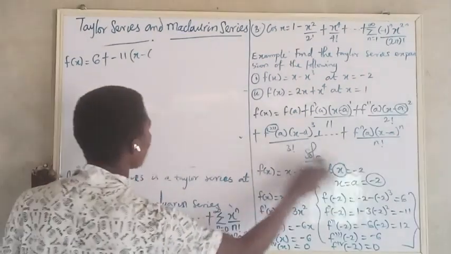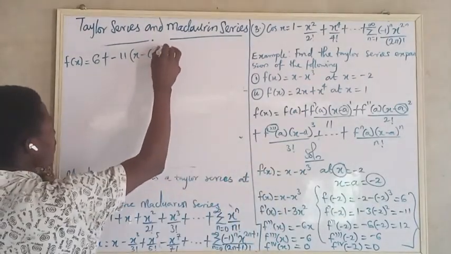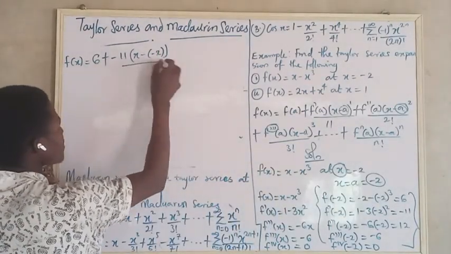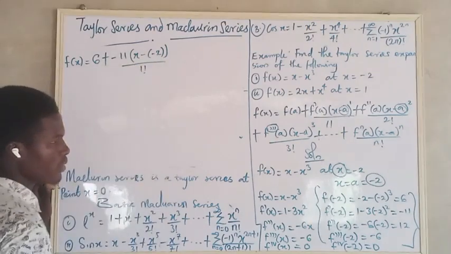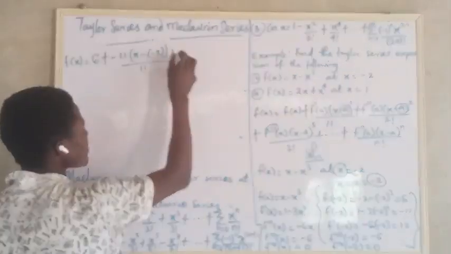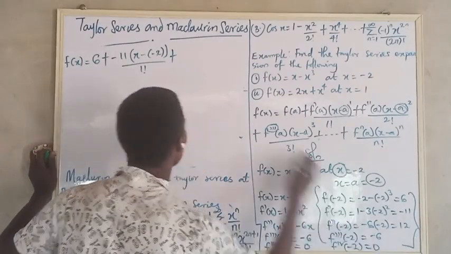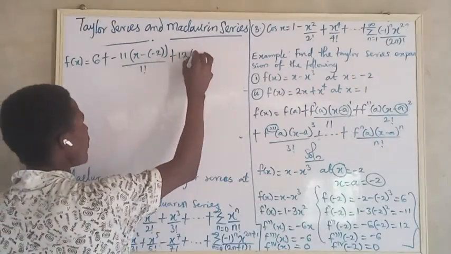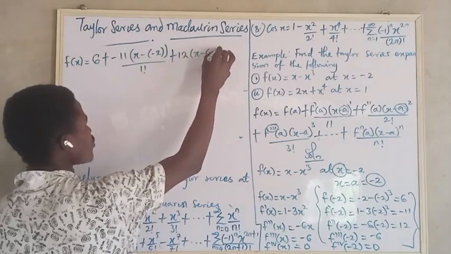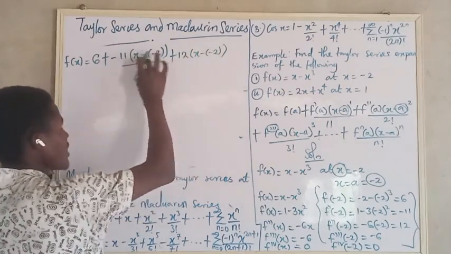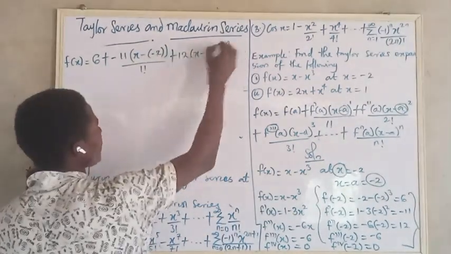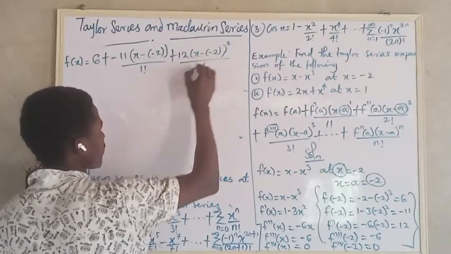What is your a? Minus 2, over 1 factorial. You can see that now. Plus f prime prime. What's the f prime prime? 12. Then what? x minus minus 2 again. You can see just the same thing you have here. You'll be repeating it. Then power 2 over 2 factorial.